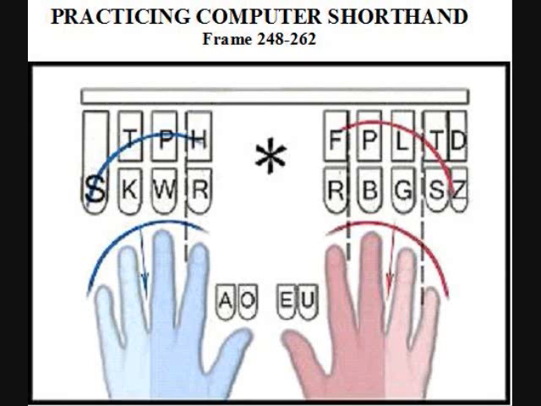Okay, frame 259, the apostrophe LL contraction, and again I do contractions just by repeating the last stroke that I did with my right hand. So I would write Y-O-U-L and then clip on another L. That's my preferred method for doing contractions, but again there are other ways to do that. Okay.